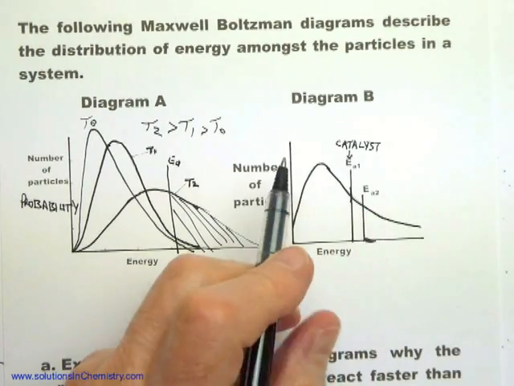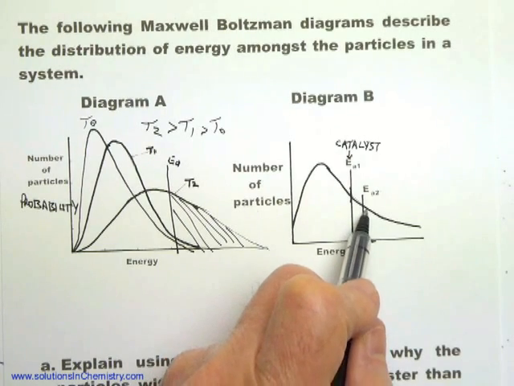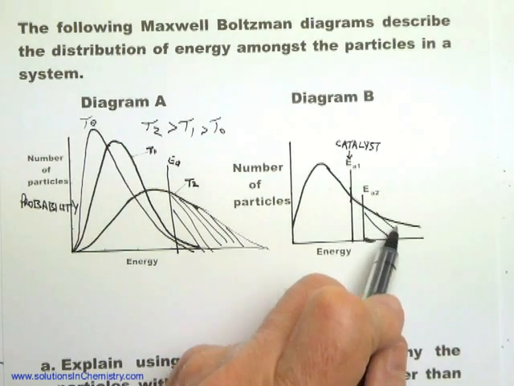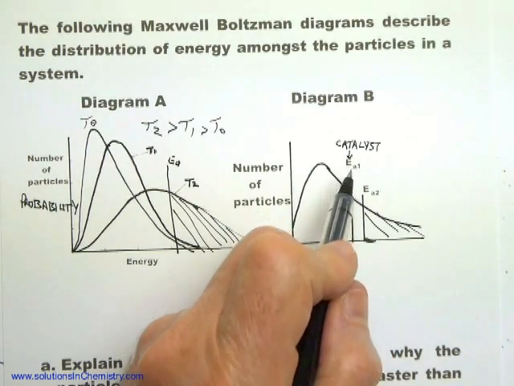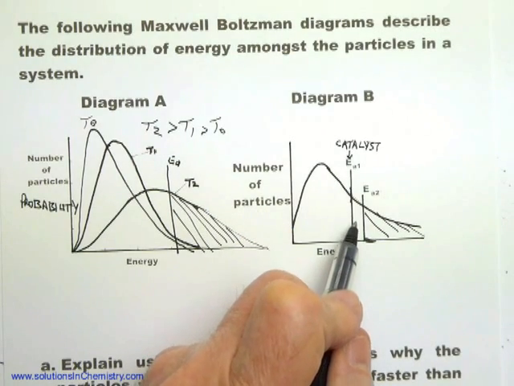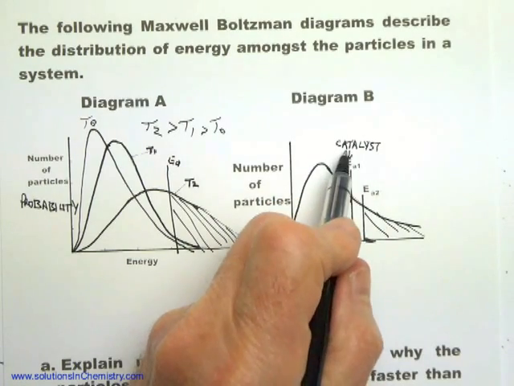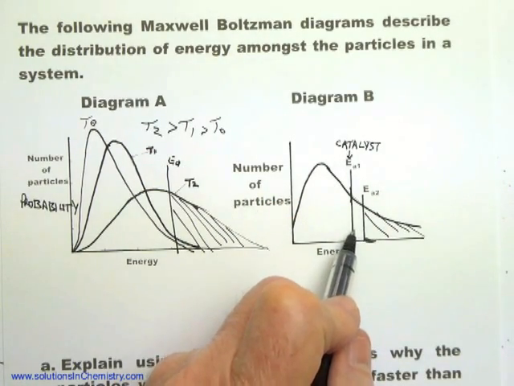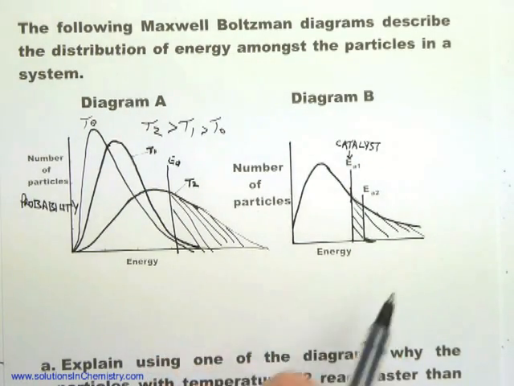This is the reaction without the catalyst, and there are this number of particles which have energy greater than the energy of activation. This one with the catalyst, because the energy of activation is lower, created by the catalyst, there are even more particles that have energy. So now we go to the 2 questions.